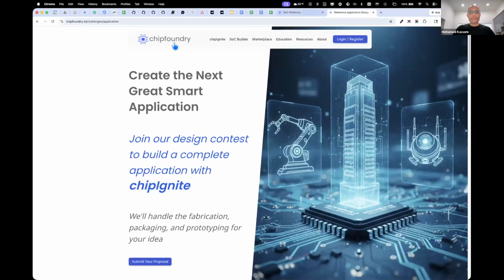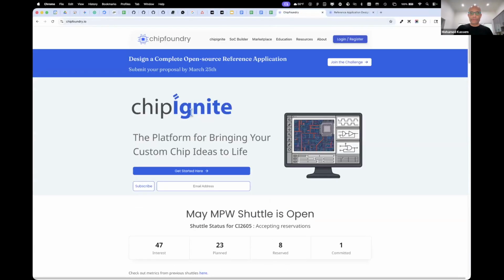For those of you that don't know about Chip Foundry, Chip Foundry provides a platform with very accessible features and cost for SoC development in 130 nanometer.